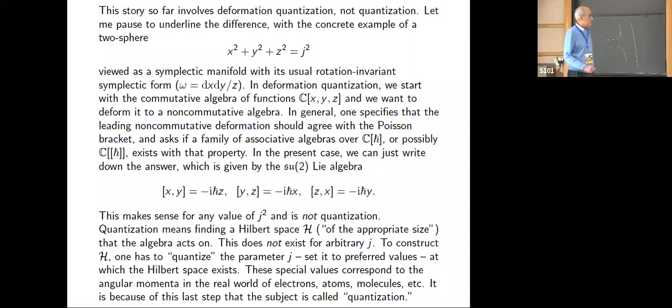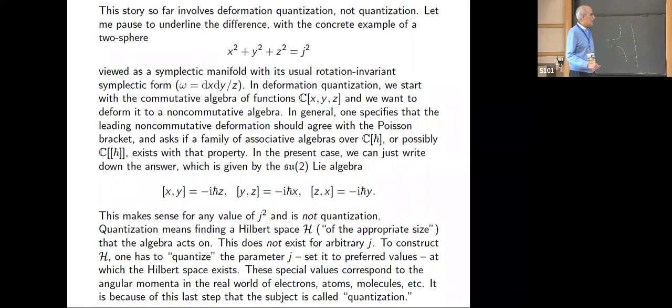The difference is that in one case, you can set h bar to an actual numerical value like it has in the real world. And in this case, you have to think of h bar as a formal variable and work with formal power series, like perturbation theory in h bar, without being able to set it to an actual numerical value like 10 to the minus 27 erg seconds in the real world. So in this particular case, we can write down the answer. It's given by the SU(2) Lie algebra.